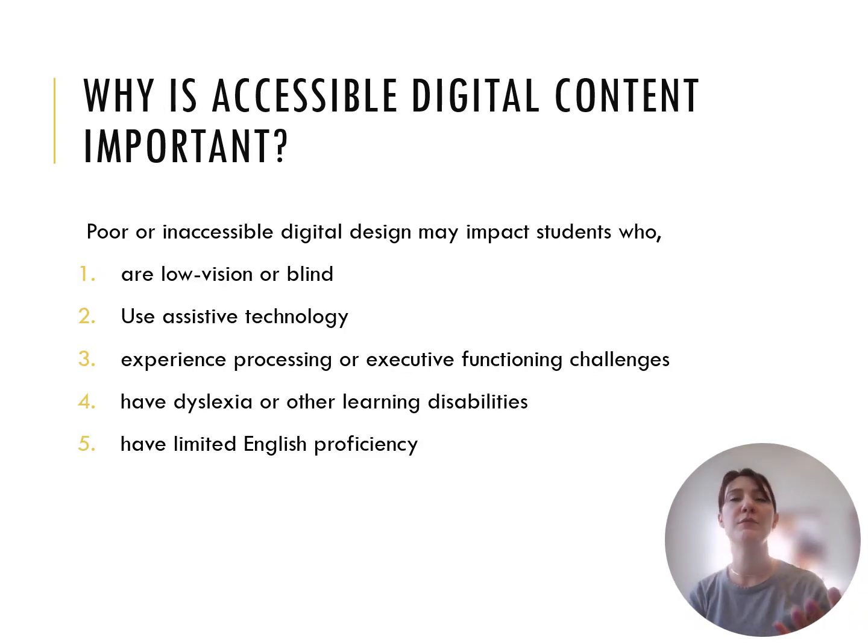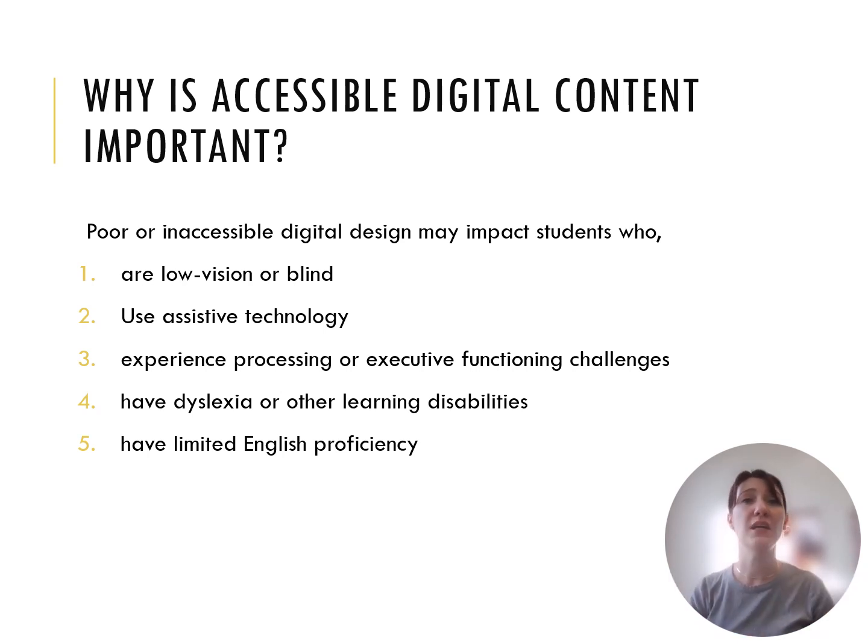Before I move on to demonstrate some practical skills, I just want to take a moment to acknowledge why accessible digital content is so important. And a large piece of that is our students. We want information to be readily available. Students that are low vision or blind use assistive technology like an e-reader, or have a processing disorder or executive dysfunctioning challenges where a large glut of information that is poorly organized can be overwhelming.